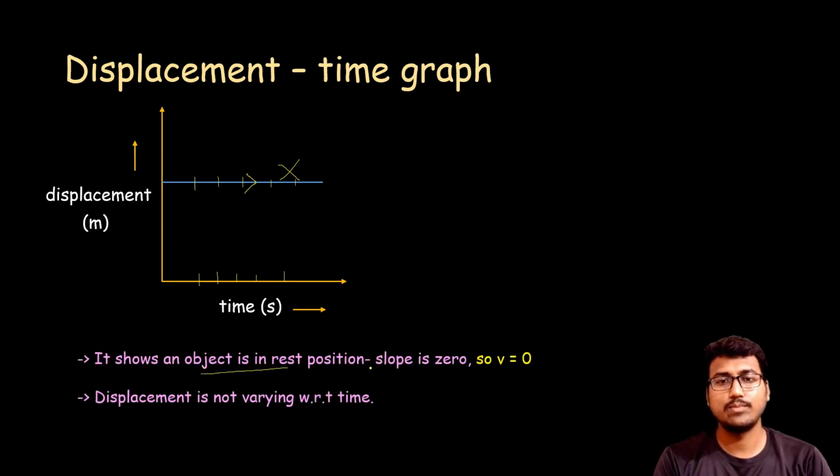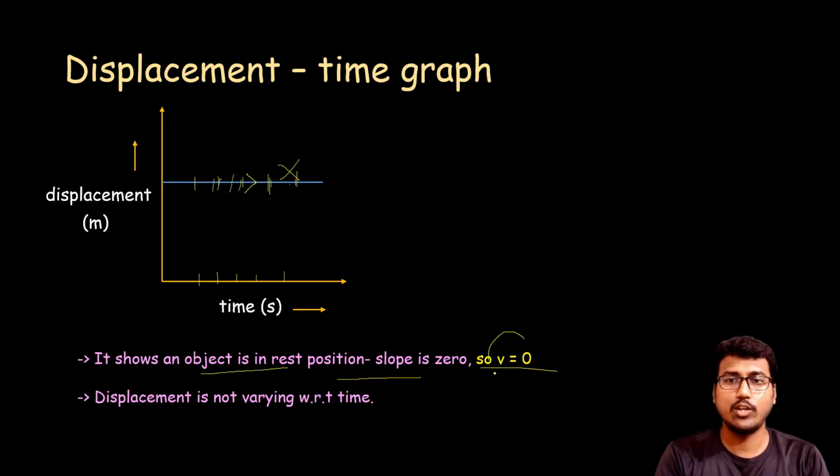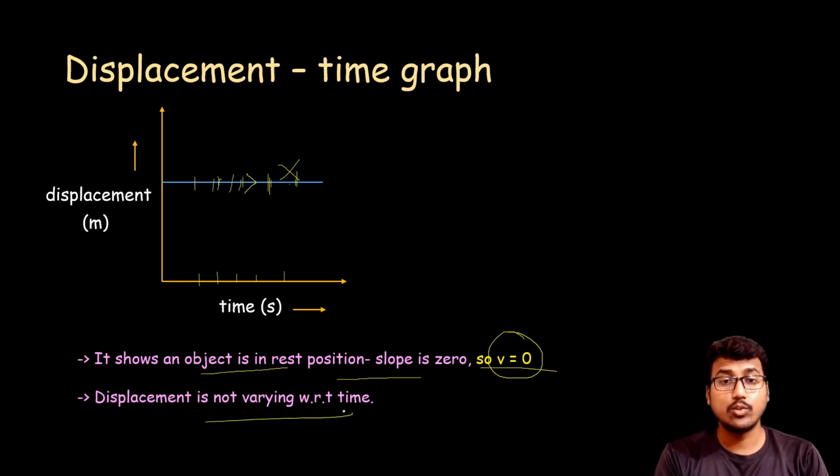It shows an object is at rest. The slope is 0 and the velocity is 0. The slope is 0, that means the y value is not changing, so y2 minus y1 is 0, so velocity is also 0. The time is varying, but the displacement is not covered.